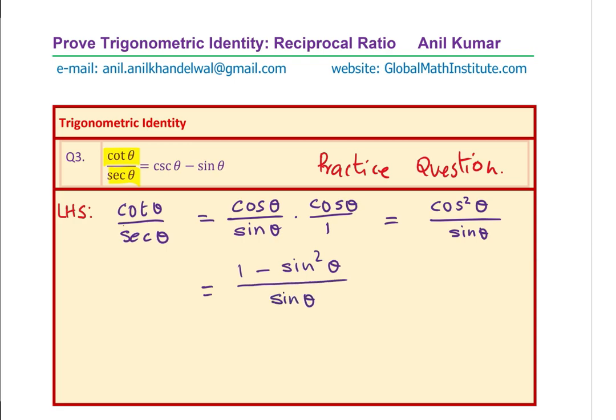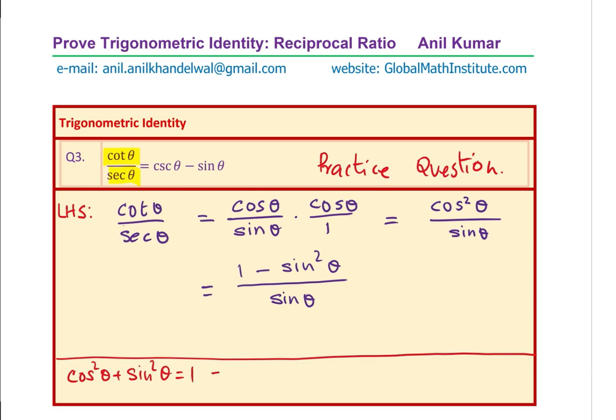So this we get from the Pythagorean identity, right? You remember? So let me write down the Pythagorean identity just to show you how we got this step, right? We know cos square theta plus sine square theta is 1. So from here, we could isolate cos square theta, and we can write cos square theta as 1 minus sine square theta, correct? That is what we did.